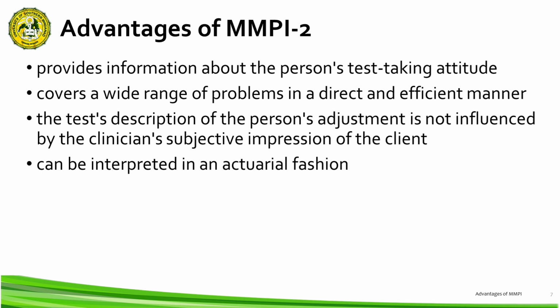Second, the MMPI-2 covers a wide range of problems in a direct and efficient manner, wherein in an interview format, it would take the clinician several hours to go over those topics. Third, since it is scored objectively, the test description of the person's adjustments is not influenced by the clinician's subjective impression of the client. And lastly, it can be interpreted in an actuarial fashion.